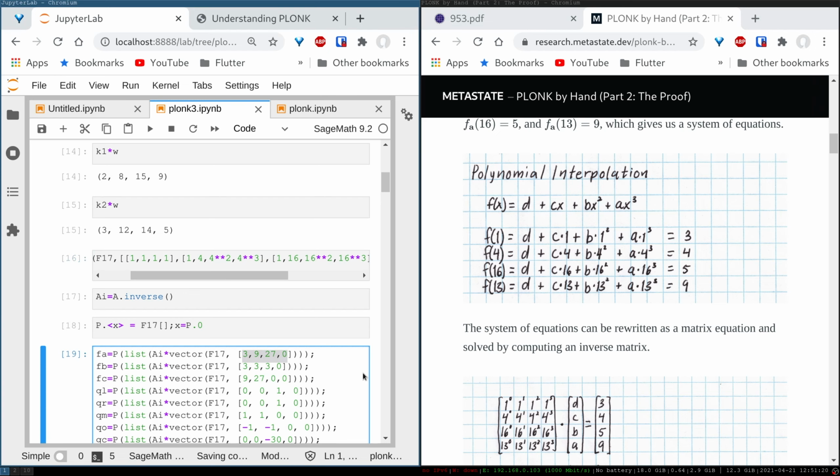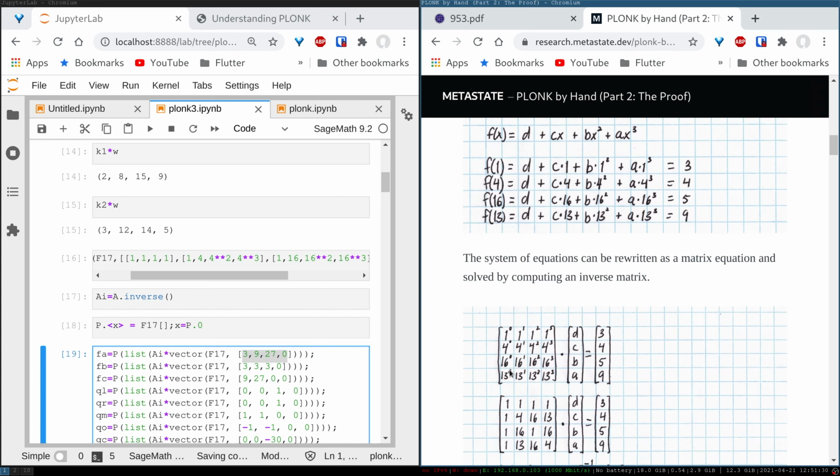I'll tell you why it's these numbers. But the idea is that you have this system of equations, which can be written in matrices. So you have this matrix, the numbers that you want to find, A, B, C, D, and the y coordinates that you want to match, so 3, 4, 5, 9.